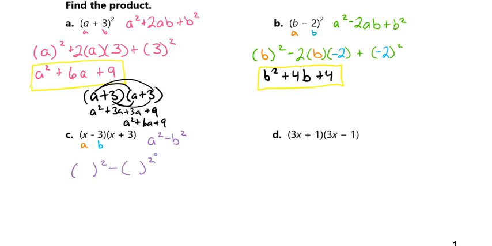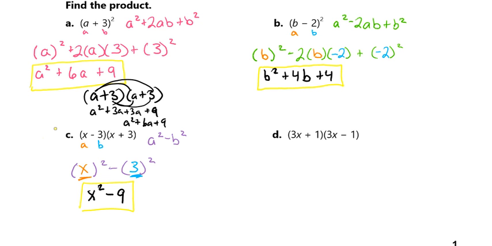Again, our a will go here, and our b will go here, so we have x there and 3 there. X squared is x squared, and 3 squared is 9. So x squared minus 9. And that's our final answer. Sometimes this is referred to as the difference of squares.